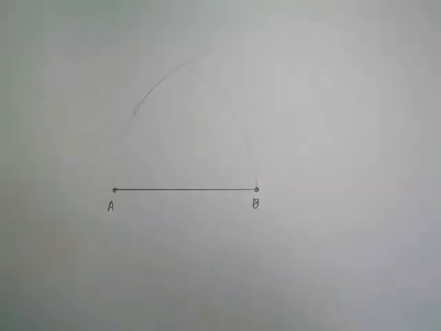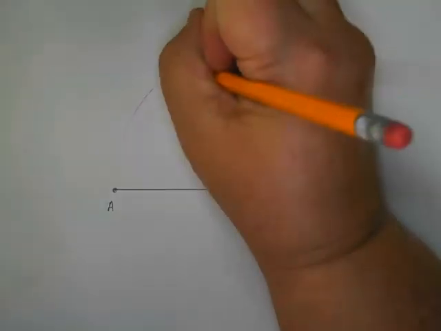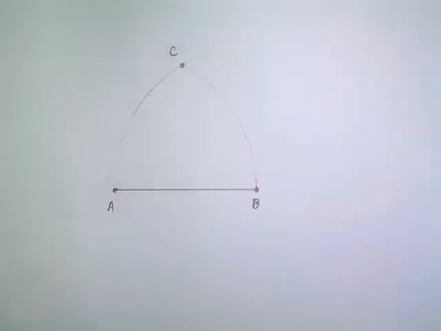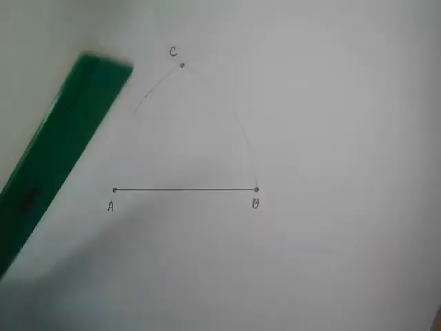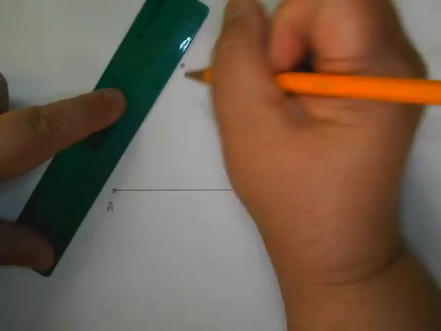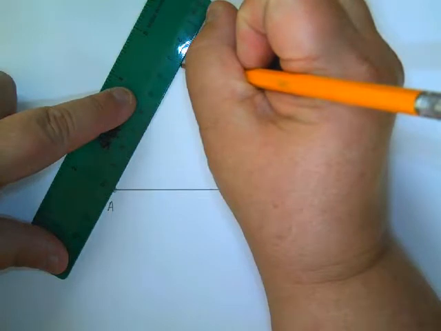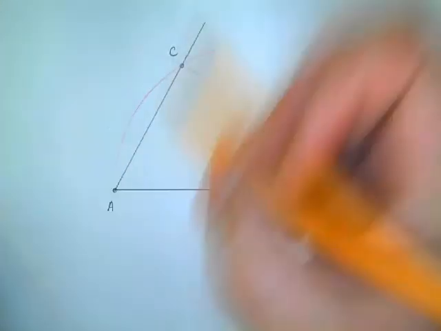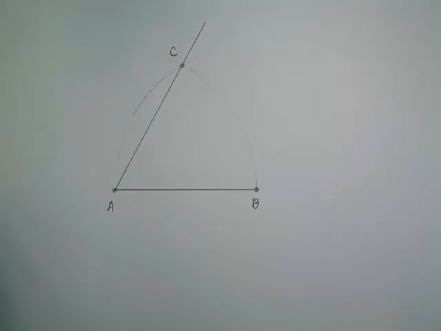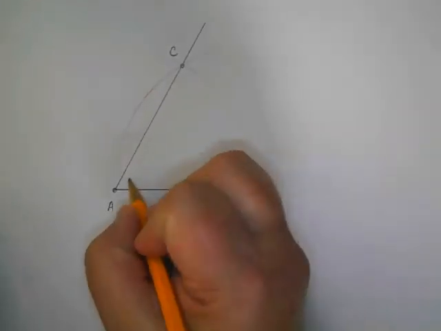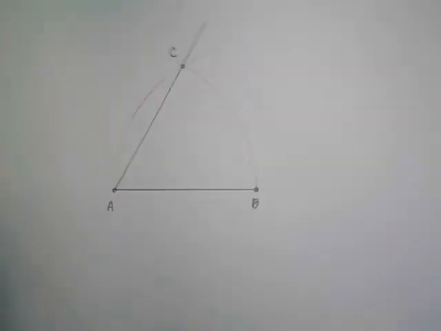And we will call that point C. If we draw line segments AC and BC, we will have an equilateral triangle, and each of the interior angles will have a measure of 60 degrees. So this angle would be 60 degrees.